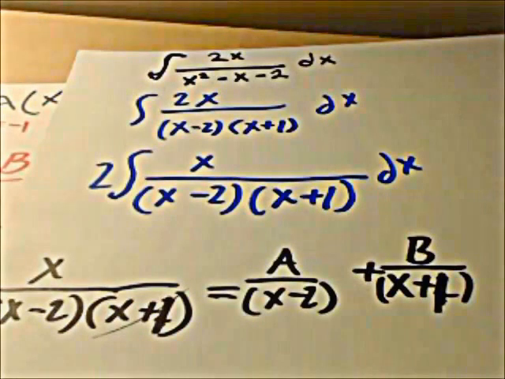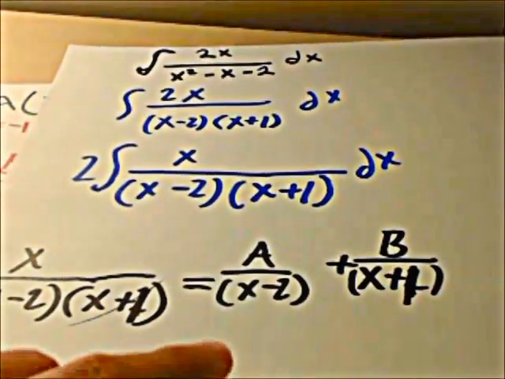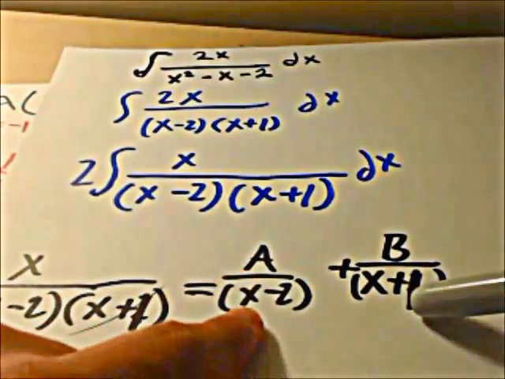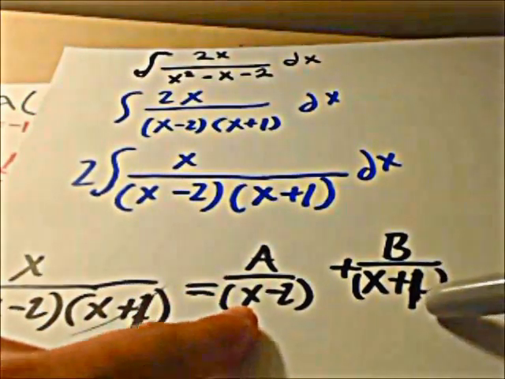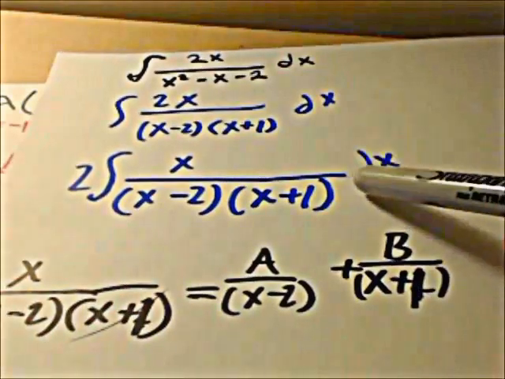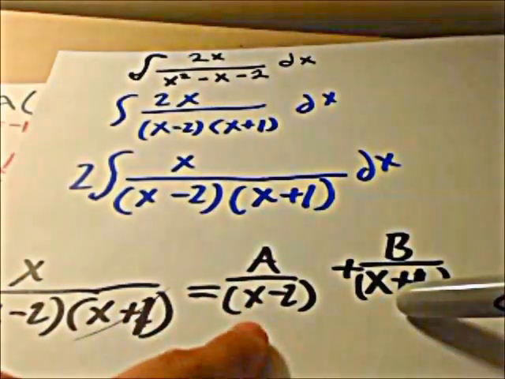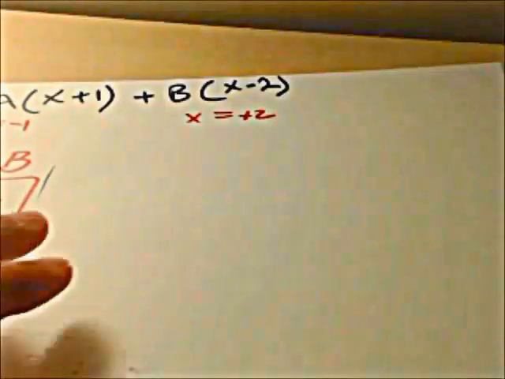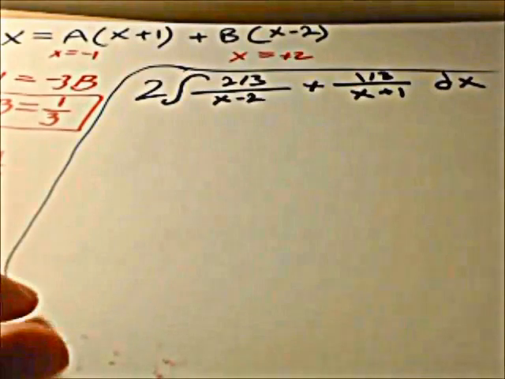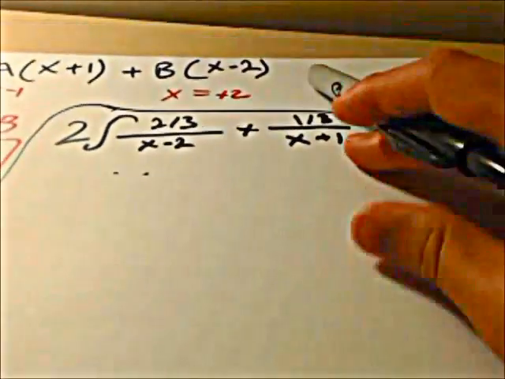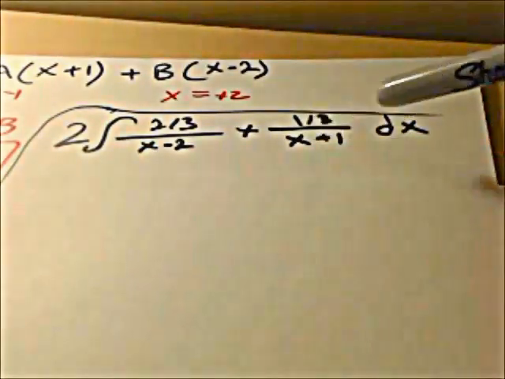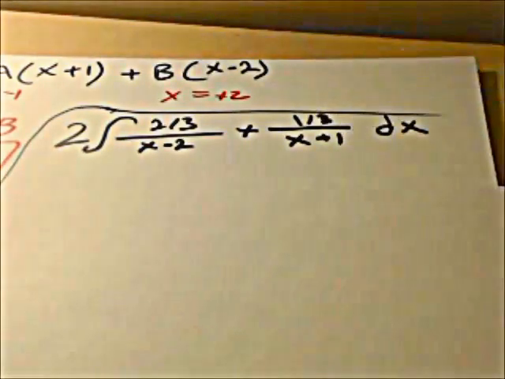So now what we're going to do is substitute the values of A and B we've got into the partial fractions, and then integrate. Instead of the original fraction, I'm going to put the partial fractions that we've got. That's 2/3 over x minus 2 plus 1/3 over x plus 1, which is B. That's exactly what I did, and put the 2 out.